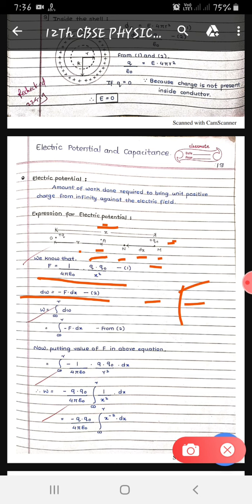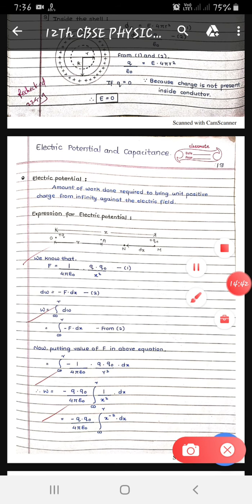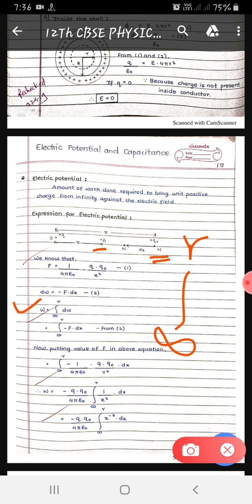Because we have to apply the force against the electric field, that's why the minus sign is there. Therefore, if you calculate the total work done in order to bring the charge from infinity to A, we have to consider work done is equal to the integration from infinity to r. Why infinity to r? Because M is at infinity and A is at distance r from the initial point. Therefore it will come integration from infinity to r of minus F dx.